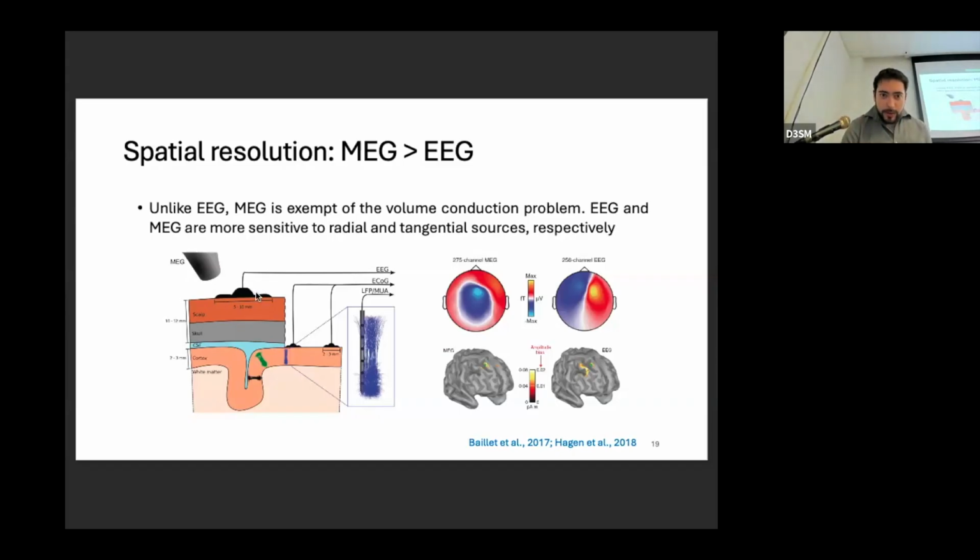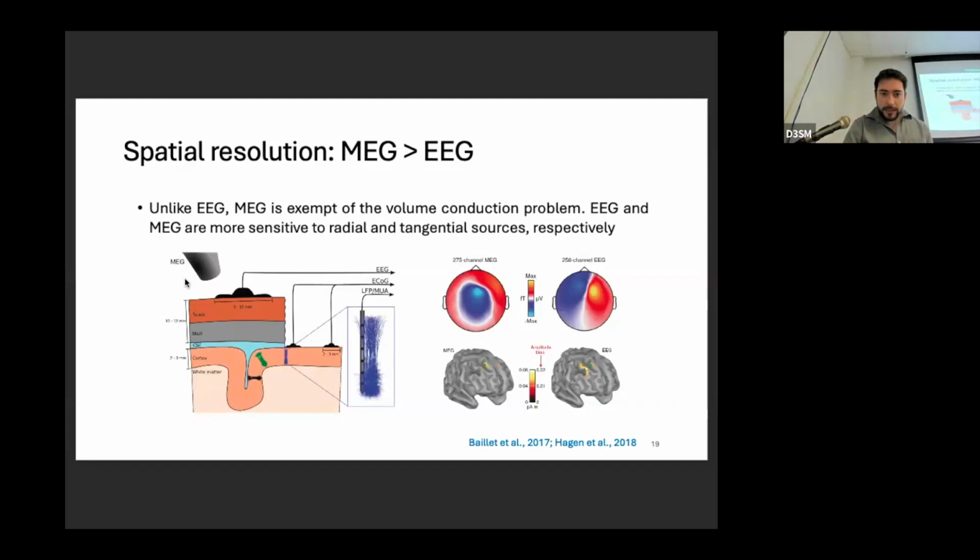And in the case of EEG, we're going to be using sensors attached to the scalp. The problem with EEG is that these electrical currents are diffusely spreading across these different tissues, because these different tissues have different properties in terms of their conductivity. And this basically makes the problem of volume conduction, which means that the electrical currents are going to spread all over the place, and that's going to make it much harder for us to actually identify the sources of this activity.